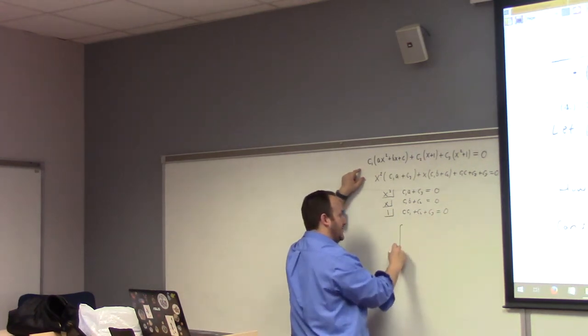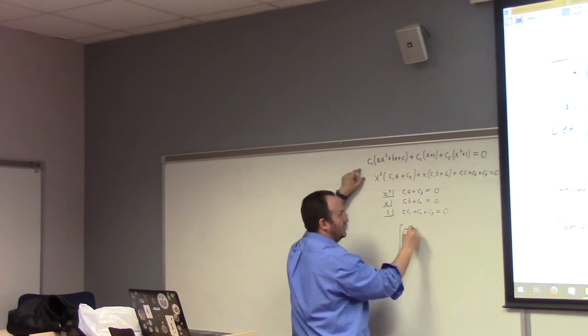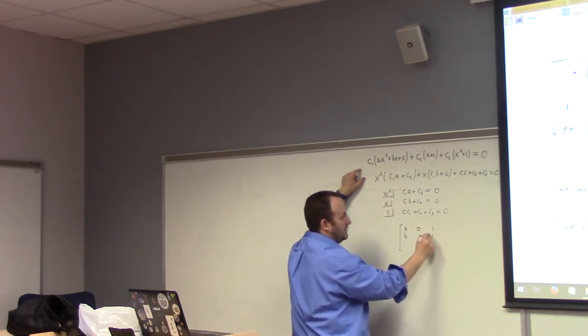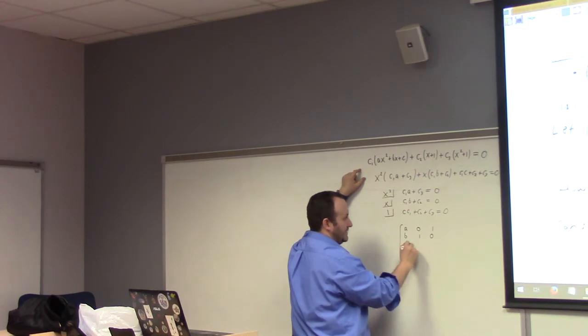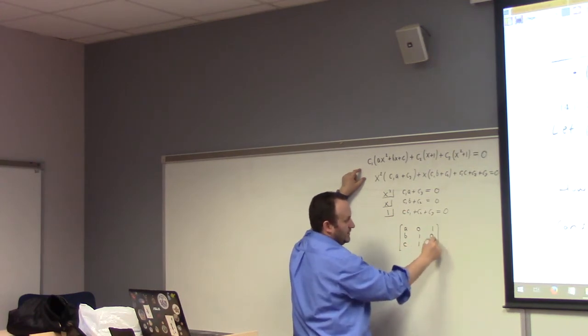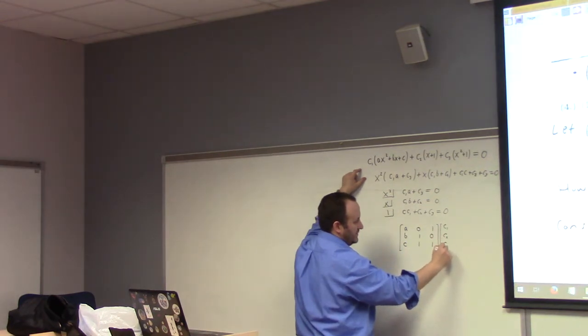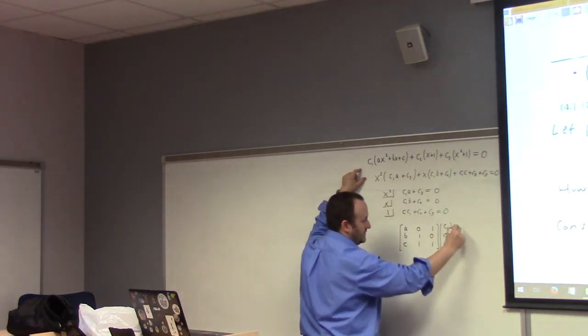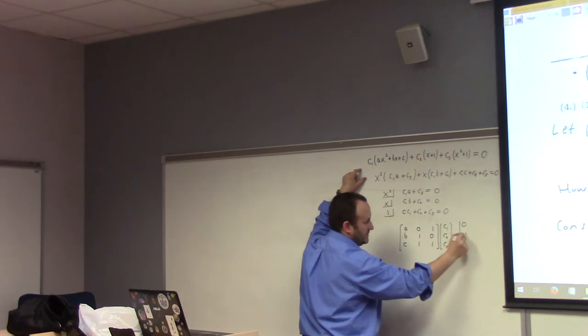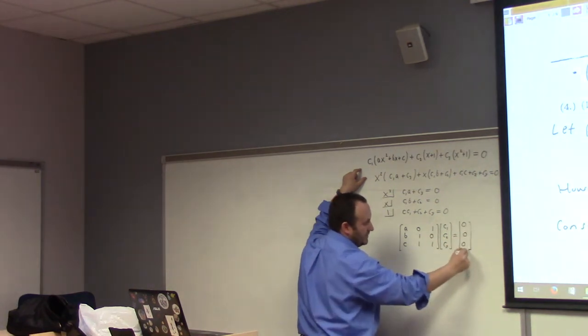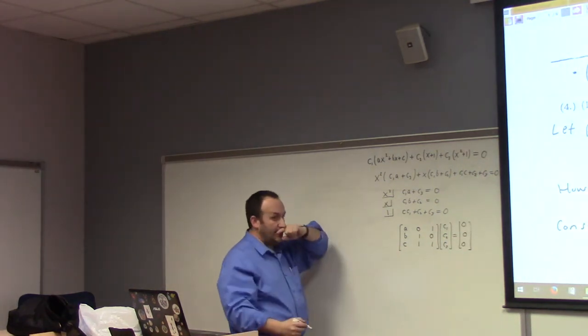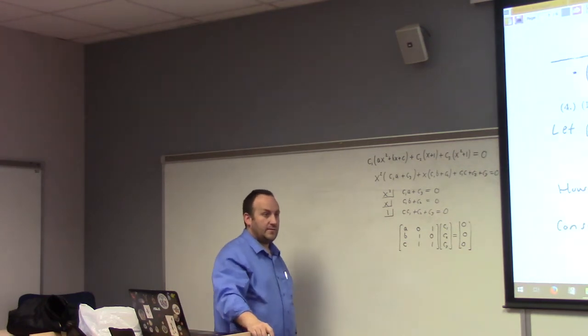Translating that, we're looking at the following problem: the matrix with rows A, 0, 1; B, 1, 0; C, 1, 1, times the column vector C1, C2, C3 equals 0. I want there only to be the 0 solution here.